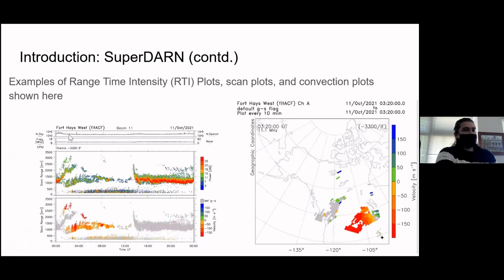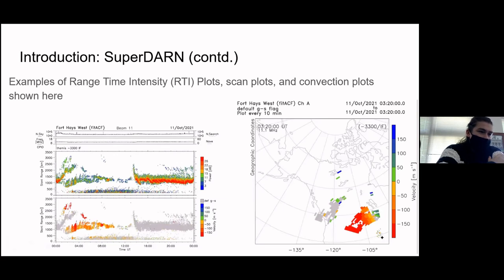So what does SuperDARN data look like? The lower left is an example of a range time intensity plot. So you can see we have power in the upper panel, and that's in dB, as I mentioned in the previous slide. And then in the lower panel, we have velocity, in meters per second.